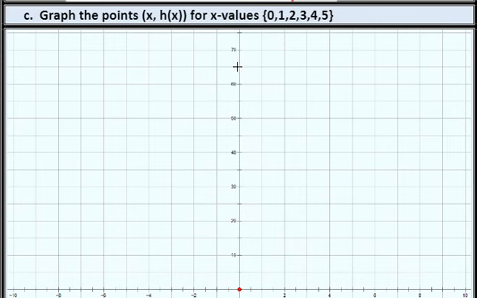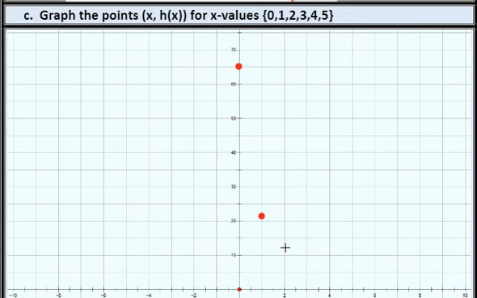So we have 0 and 65. Now, when x was 1, that's where we got that point that was 21 2/3. So I'm going to go to 20, and to get 21 and 2/3, I just have to go a little bit above 20.